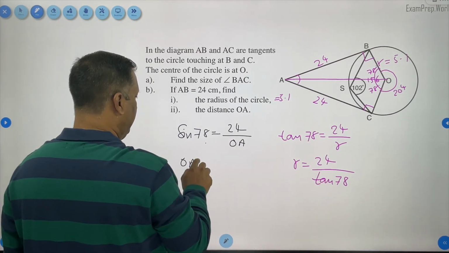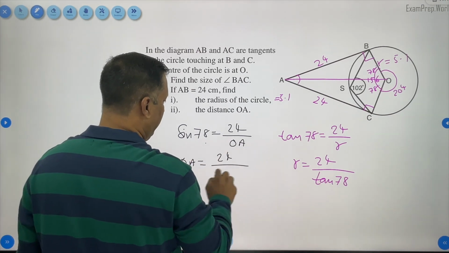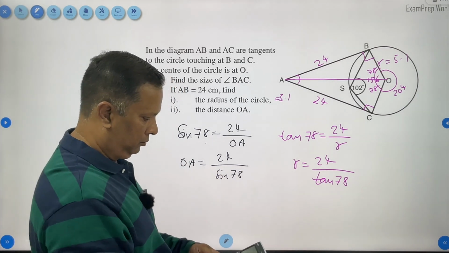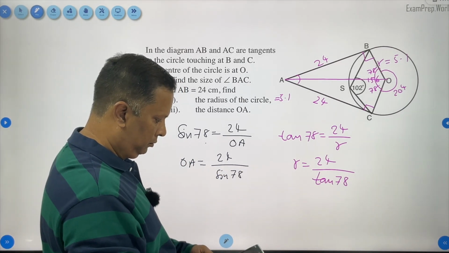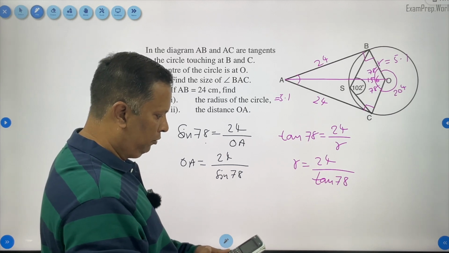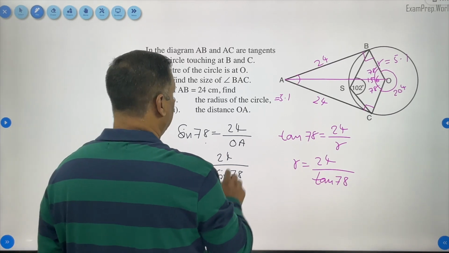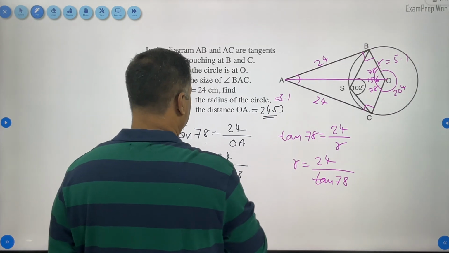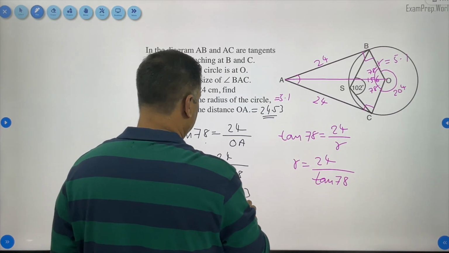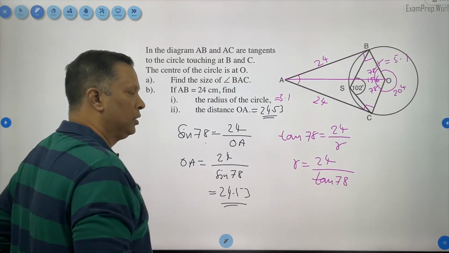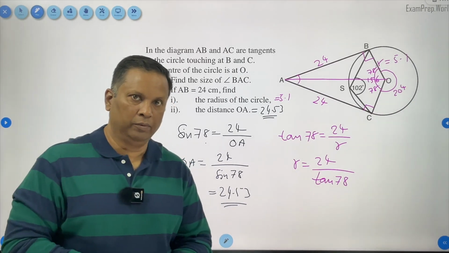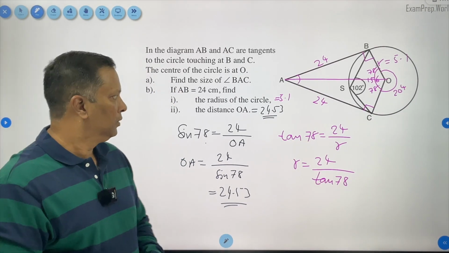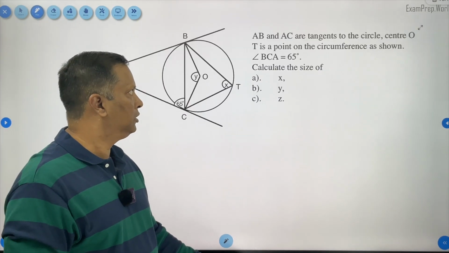So OA will be equal to 24 divided by sine 78, which is 24.53. Understood? It was easy. So we used trigonometry and we also used circle theorems to solve this kind of question. Now let's see what's next.